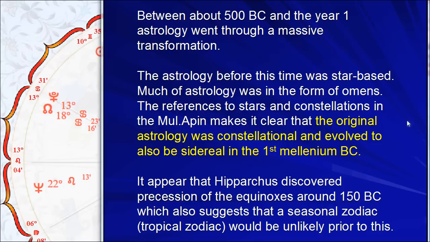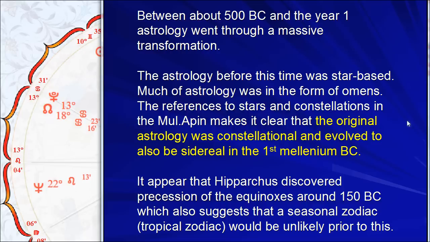It was not put in the form that we use now of character analysis and personality analysis and all the techniques of progressions and solar arc directions and primary directions and all these fancy methods. We don't have evidence that that was used. There were simpler, more direct statements that are omens. If this particular thing is happening in the sky, then you're going to get this result.